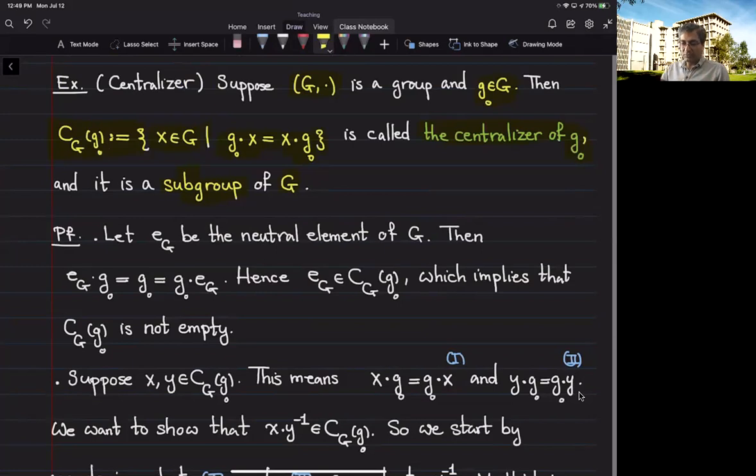I'm going to look at the neutral element and notice that the neutral element times every element doesn't change it, no matter if I multiply from left or right. So the neutral element indeed commutes with the element g naught, and so it does belong to the centralizer of g naught. In particular, the centralizer of g naught is never empty.